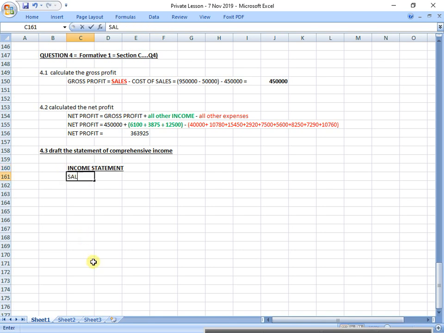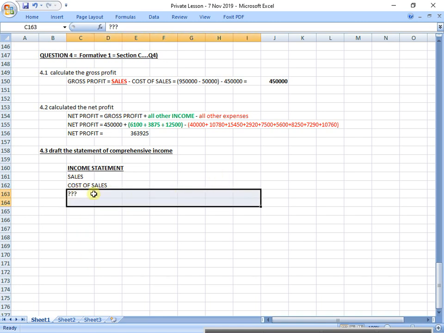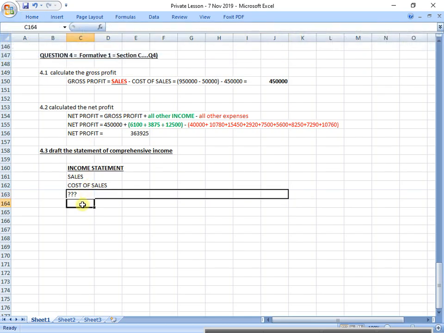They gave you sales, cost of sales, a blank, then other operating income, then 2 blanks, then gross operating income.